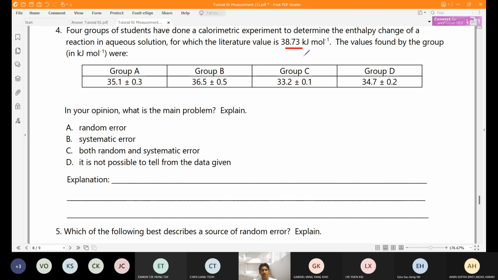38.73. See that none of the values are higher, all are lower than 38. None reaches 38. Everyone is lower. So that means the error occurred in only one dimension. What is the dimension? That is lower.